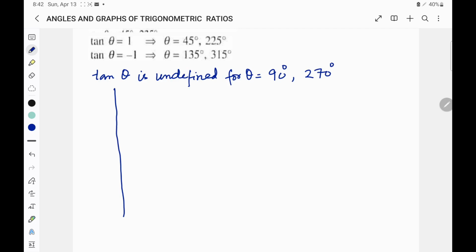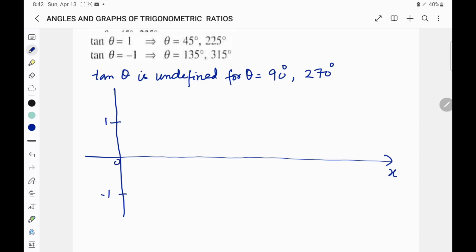You know that it's between -1 to 1. Not defined means you cannot connect the graph like you were doing for the reciprocal function. So you do the same thing with 1 and -1.